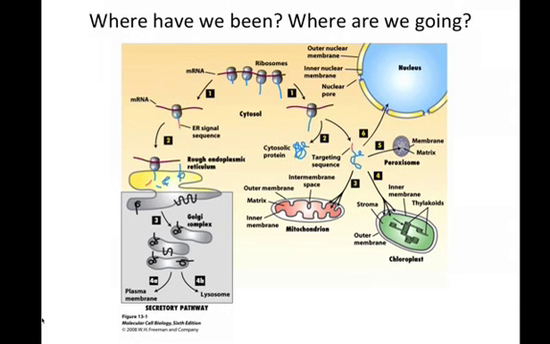Okay. Where have we been and where are we going? So we're going to zoom back out for a little big picture break. We were talking about RNA coming out of the nucleus and associating with the ribosome, and then the protein needs to go somewhere. Right now we're on the secretory pathway: ribosomes making protein, which gets into the ER, the Golgi, and then either the plasma membrane or lysosome.